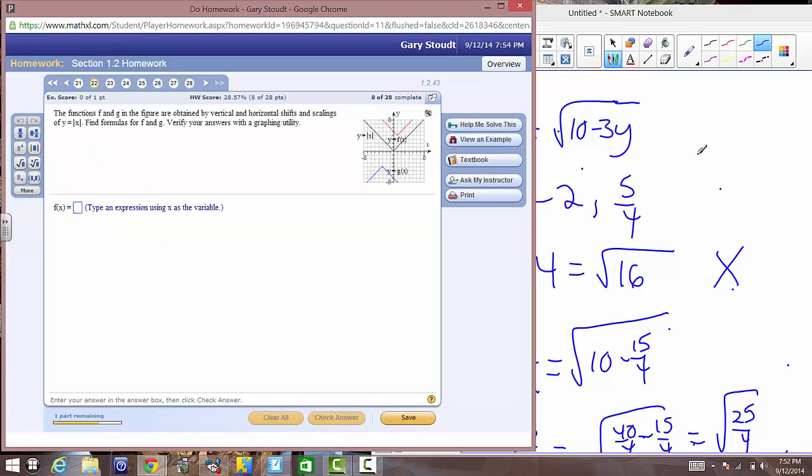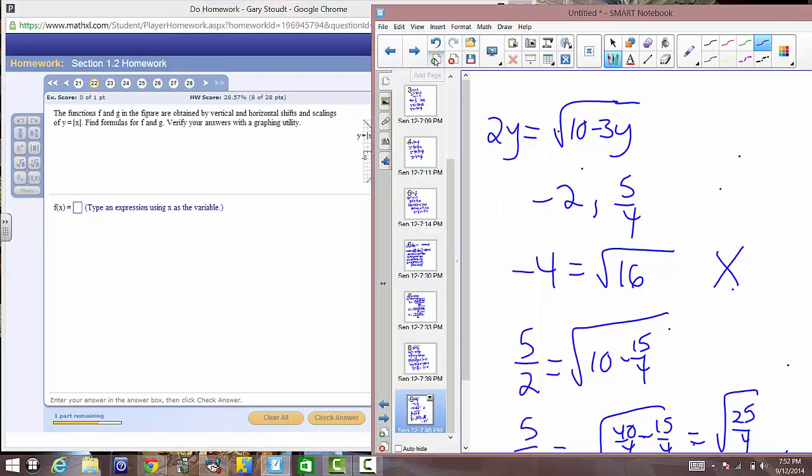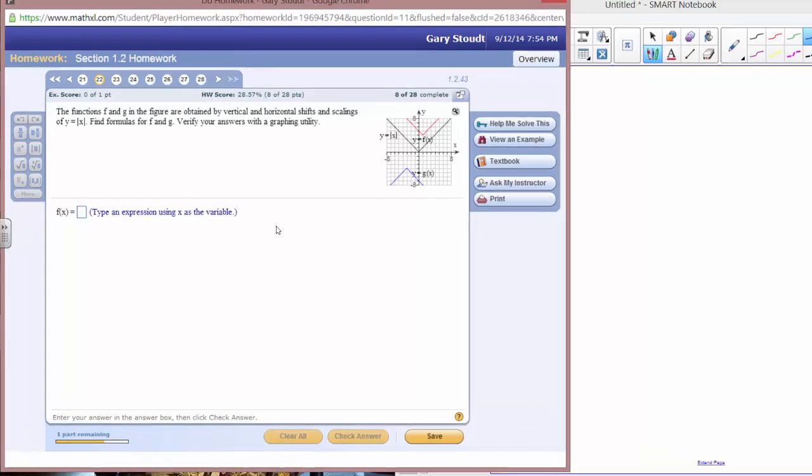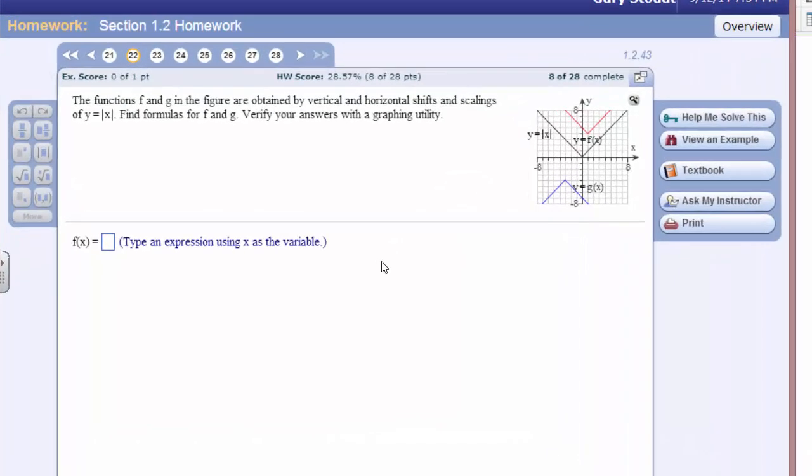So this is about shifting. So you're given the graphs of functions f and g, and they are shifts and scales of the absolute value function, y equals the absolute value of x. So find formulas.